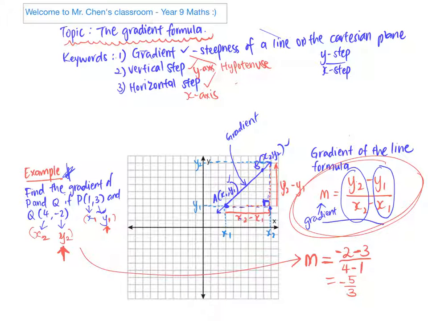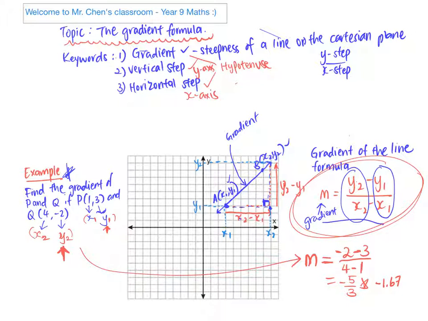So your gradient is -5/3, which if you put it in your calculator, will be 1.4, if I'm not mistaken. I'm going to use my calculator. -1.67, sorry.